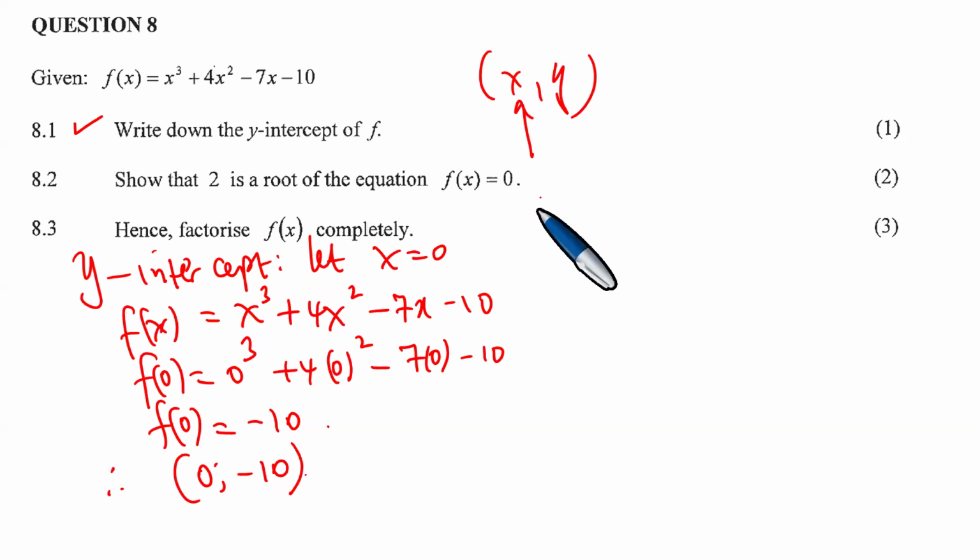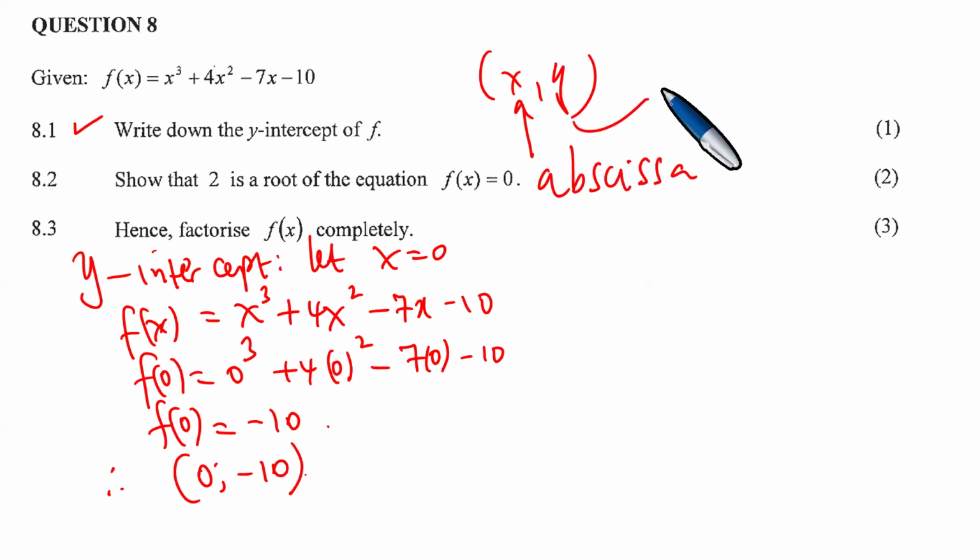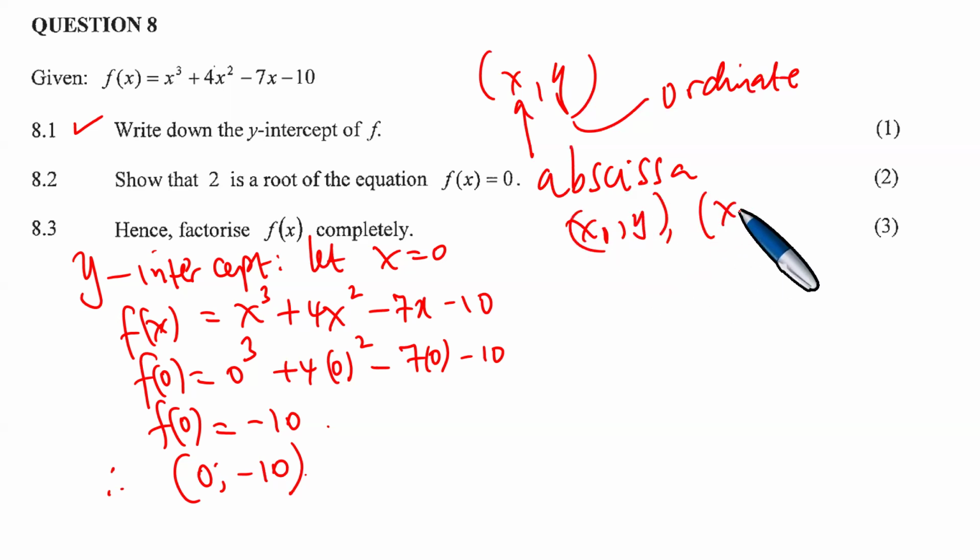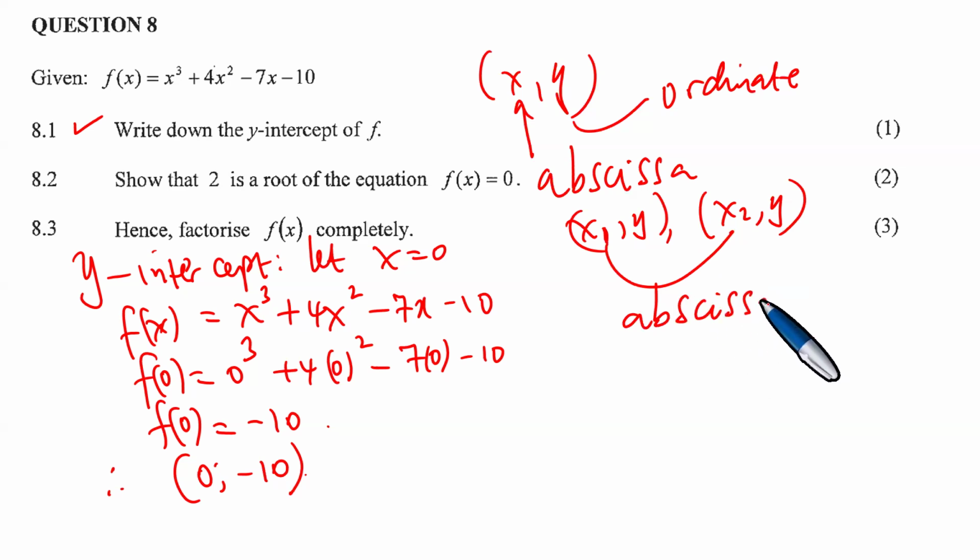This one here is called the abscissa, and this one is called the ordinate. If there are many, this is called abscissae. Abscissae is the plural form of that, and you need to take note of this.